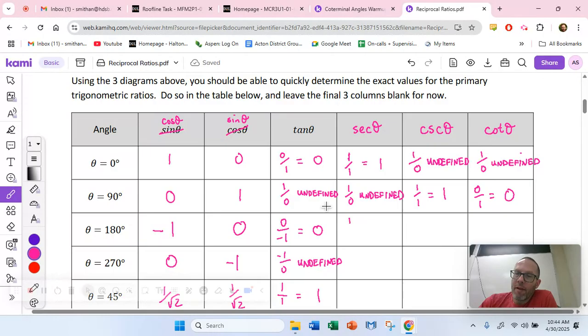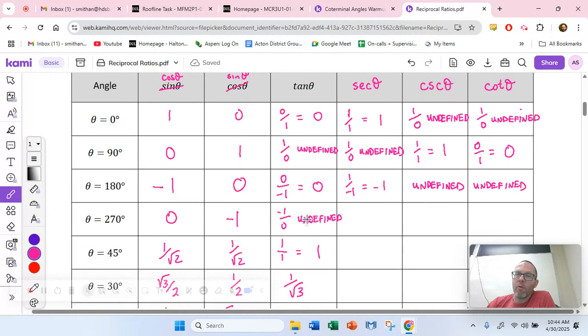All right, let me play some catch up. The flip of -1 is also -1. Now we already know the flip of 0 is undefined. When we're doing 270, the flip of 0 is undefined, so the secant of 270 is undefined.